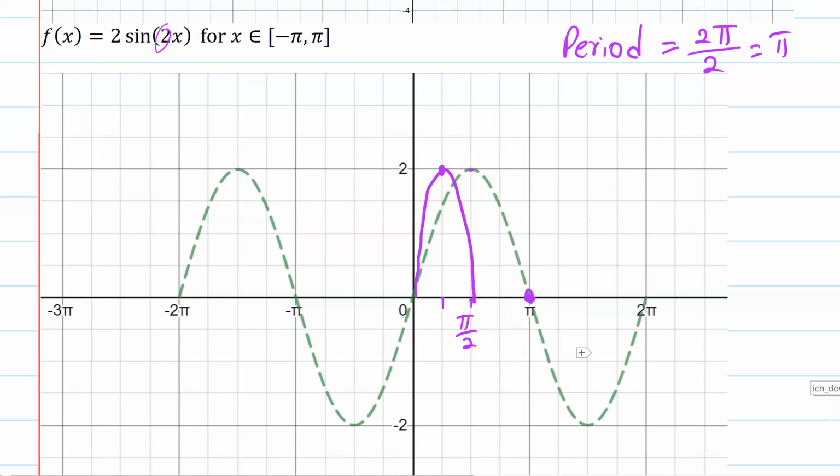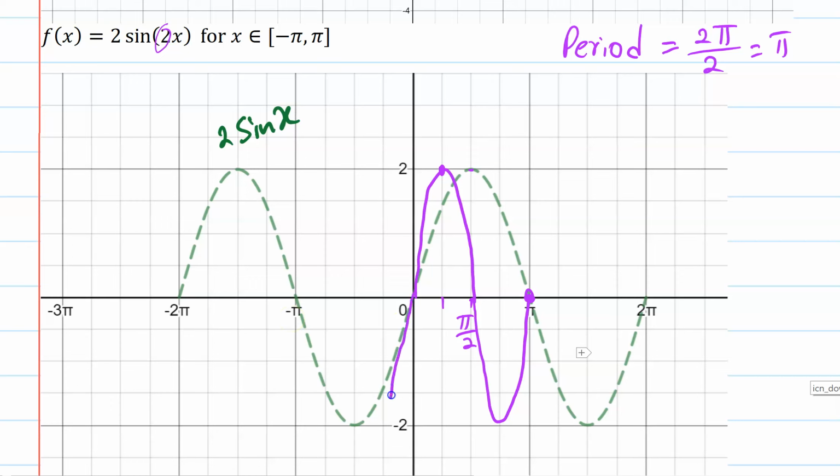The base graph here, of course, in green is 2 sine x. I'm going to squeeze that one now. Hence the bottom part becomes like that. Therefore up to pi I would have one cycle into the right, and also to the left hand side, down to -pi, I would have another cycle.